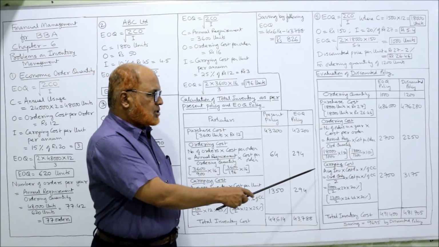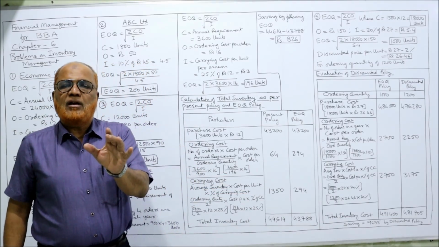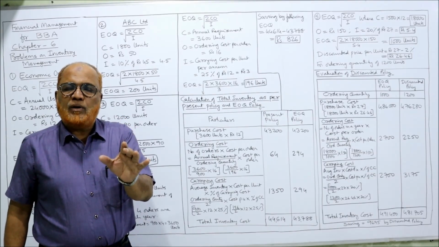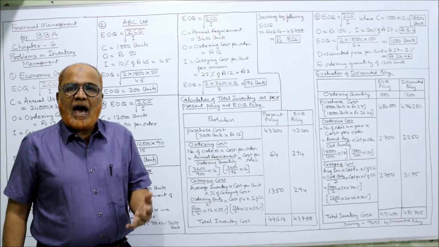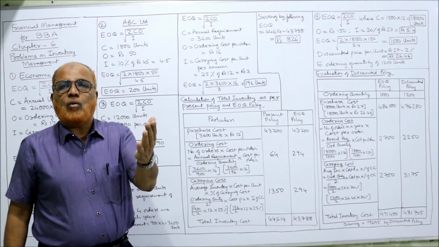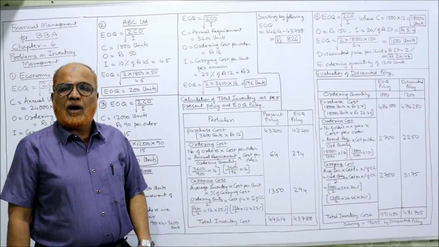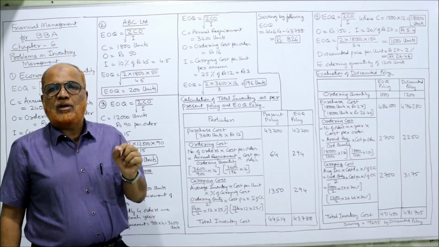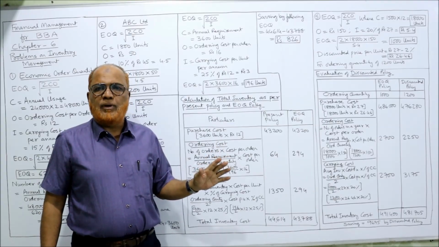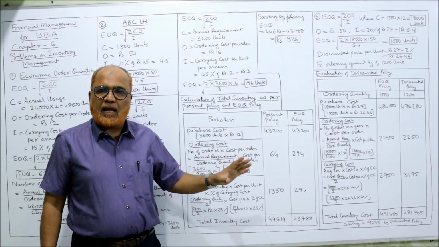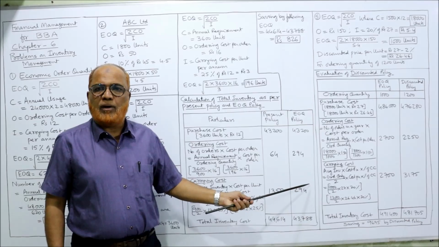Now carrying cost: average inventory into cost per unit into percentage of carrying cost. Average inventory means ordering quantity divided by 2. I already told you to note down the formulas, not only in this problem, in every problem. Whenever we have to calculate carrying cost, apply this formula.